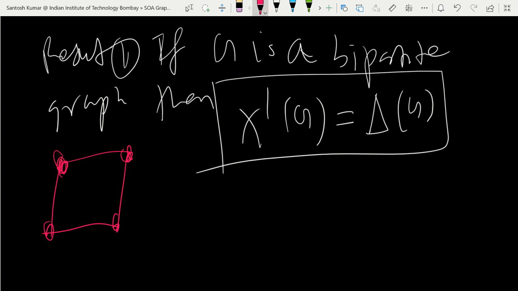So now check for this. What is chi dash G and what is delta G?